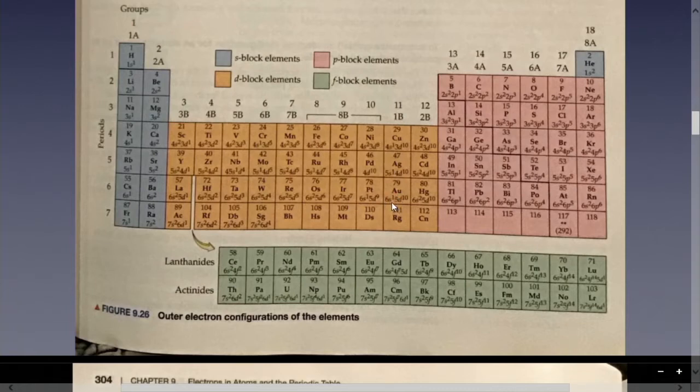Gold has the outer electron configuration 6s1, 5d10. Well, where's all the 1s, 2s, 3p, 4s, 5s, and where are those electrons? They're not shown here because they're not valence electrons. Actually, they're not outer electrons. I've got to be careful how I say that.